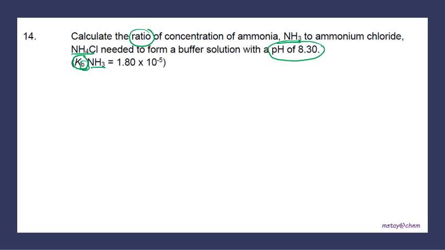Since this is a buffer solution, we're going to use the Henderson-Hasselbalch equation. Because this is a basic buffer, we are going to use the pOH formula, but the question gives us the pH value, so we relate pH and pOH, which always add up to 14. Therefore pOH is 14 minus 8.3, which equals 5.7.